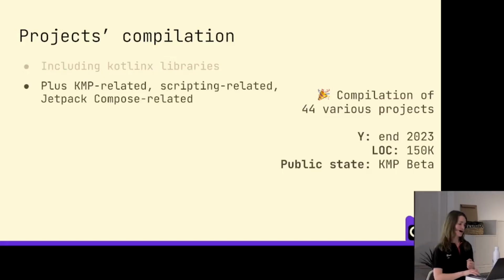And what else? Of course, we have added KMP-related projects, scripting-related projects, Kotlin scripting, and Jetpack Compose. But at the time we didn't have Compose Multiplatform compatible things, so we just switched off Compose Multiplatform in some projects, but we turned it on later.